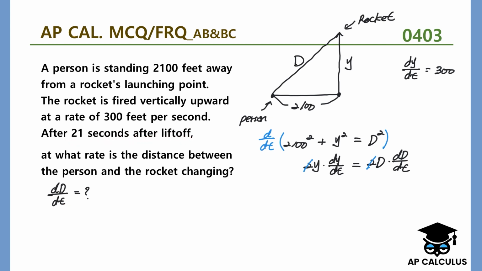So what is the value of y after 21 seconds after liftoff? The rate is 300 feet per second, so the value of y at this point is equal to 300 times 21. Does that make sense?